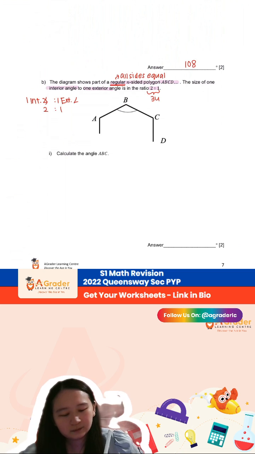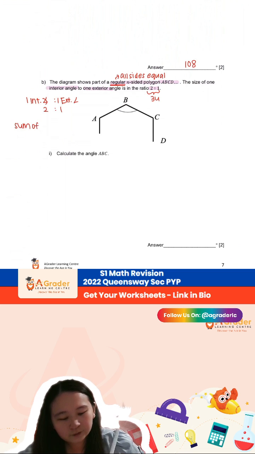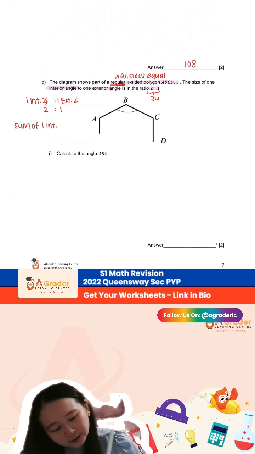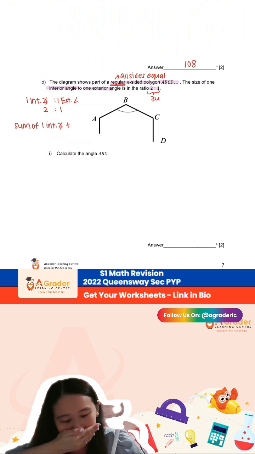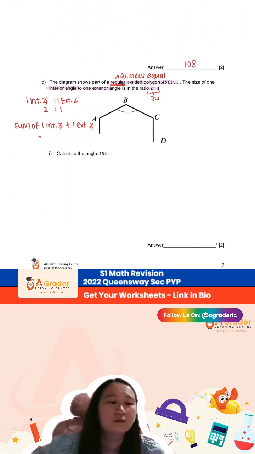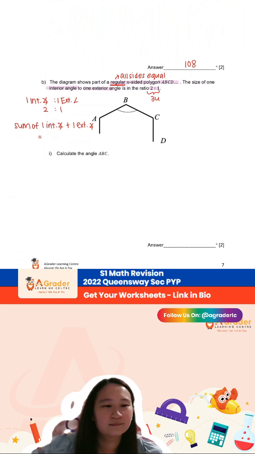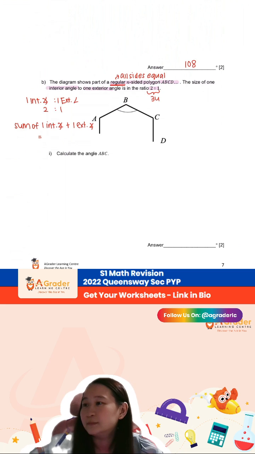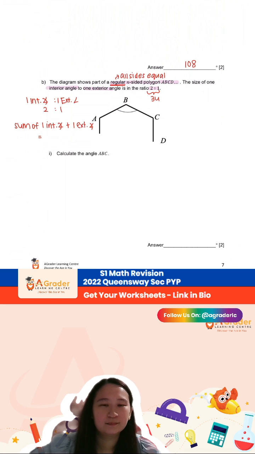And we know that the sum of one interior angle plus one exterior angle equals to what? Anyone?